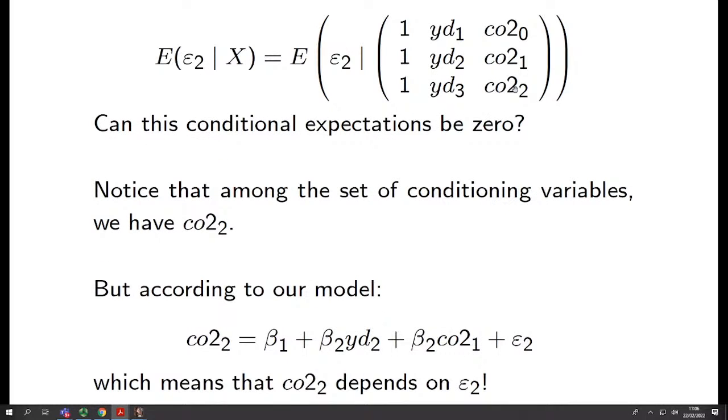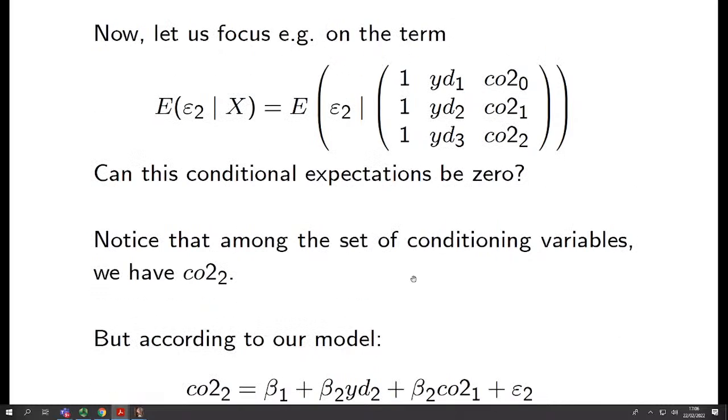Think about the model for CO2 emission at time 2. According to our model, CO2 emission at time 2 is given by beta 1, the constant, plus beta 2 income at time 2, plus beta 3 CO2 emission at time 1, plus the error term at time 2. Okay?